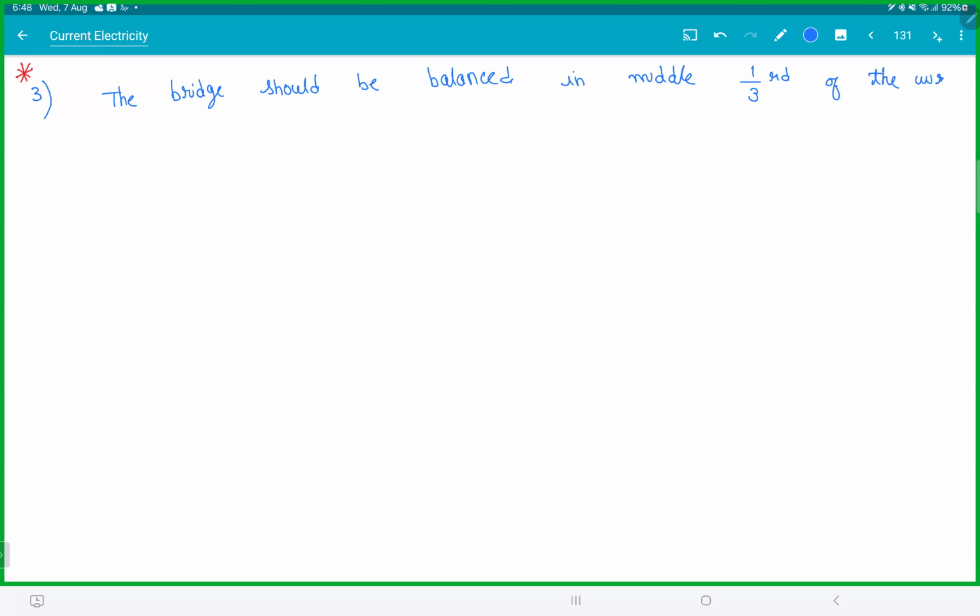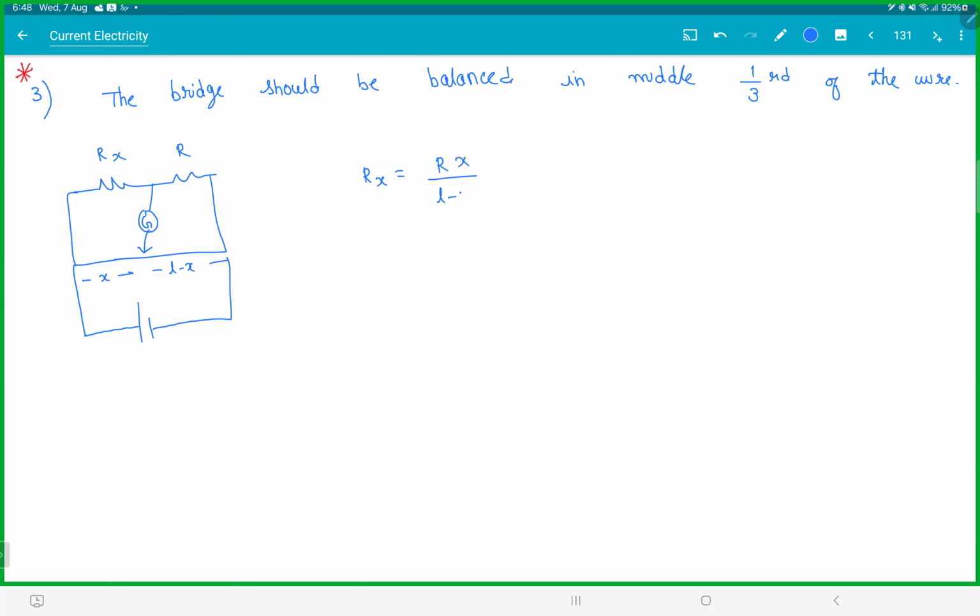What do you mean by that? Now, again, the same thing. So from here, we get Rx will be R into X by L minus X. So when you find the error here, delta Rx by Rx, R is the known value, so that is constant.